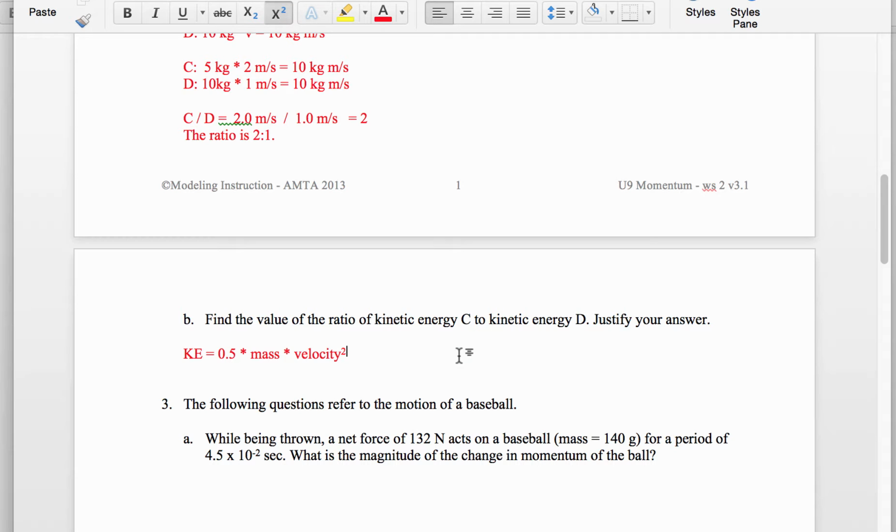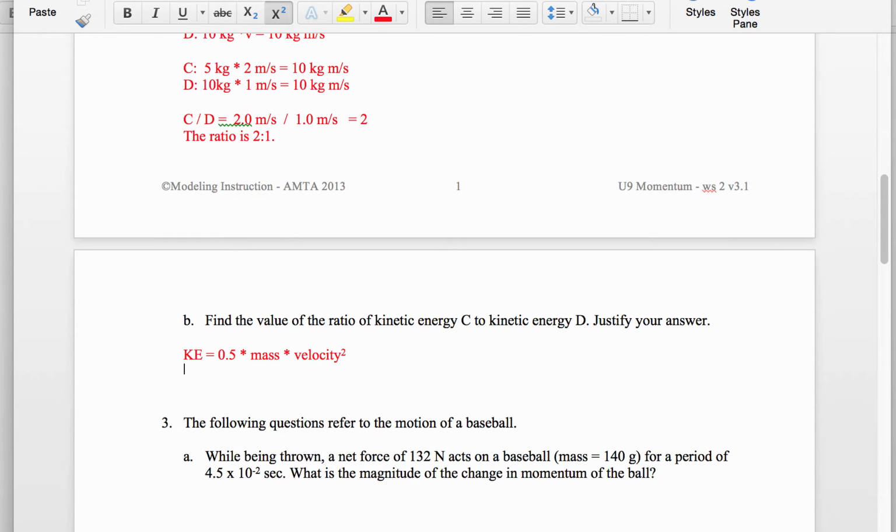So for object C, that's 0.5 times the mass. What is the mass of C? It was 5 kilograms. Times 2 meters per second, squared.